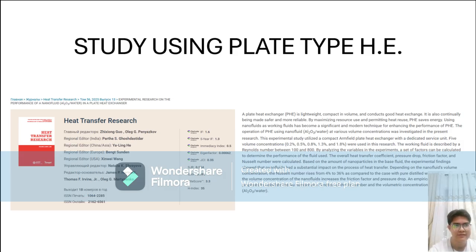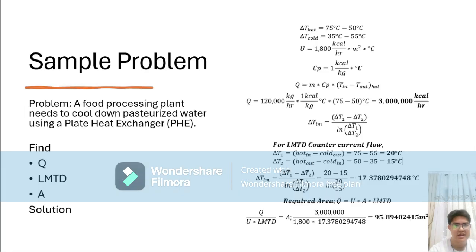And here we have a sample problem. The problem says a food processing plant needs to cool down pasteurized water using a plate heat exchanger. We are to find Q, LMTD, and A for area. The solution is on the right side. We are given the change in temperature for the hot fluid is 75 to 50.